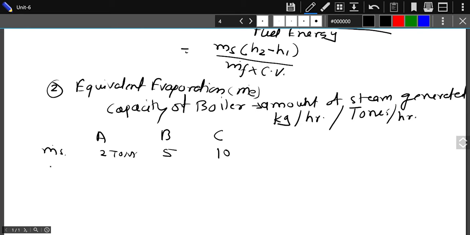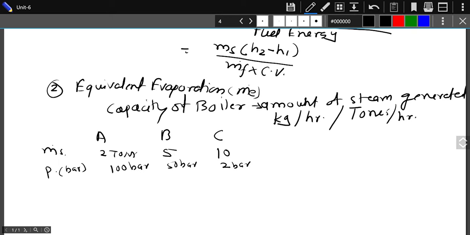But if I say that the pressure of the steam generated by the boiler is, this one is generating steam at 100 bar, while this is generating at 50 bar, and this is generating at 2 bar only, then can you tell me which boiler is having the more capacity?